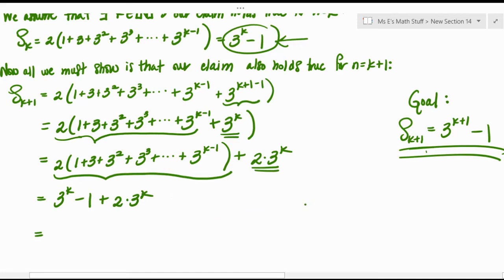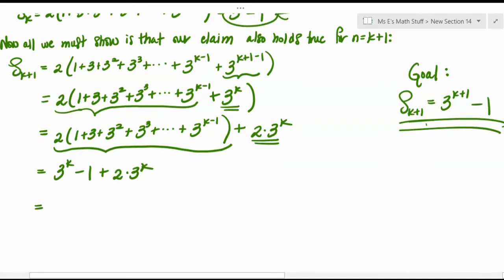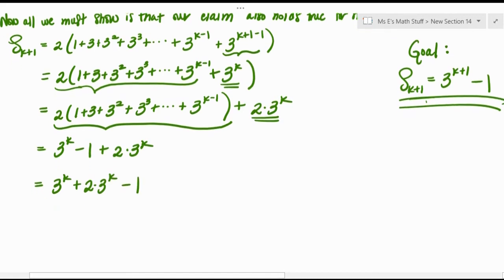And now our goal is to show that this would simplify down to be this expression over here. So now it's just a little bit of algebra to get it there. For starters, I'm going to group things by like terms. So you have 1 3 to the k plus 2 more 3 to the k's. I'm going to put those next to each other, and I'm going to have the minus 1 at the end. Now it's just a matter of counting things up. If you have 1 3 to the k and someone gives you 2 more 3 to the k, then you have 3 3 to the k.